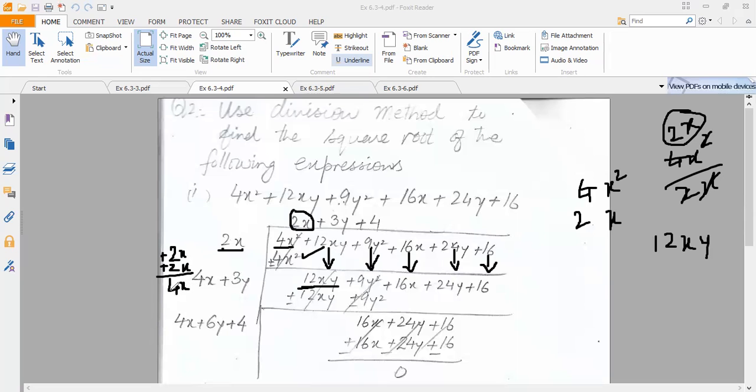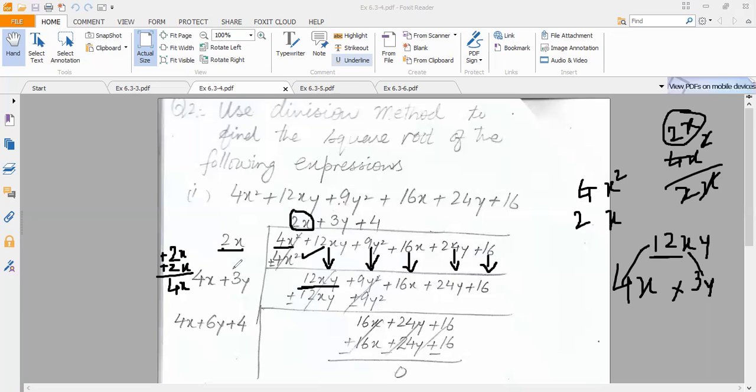Which number will we multiply with 4 to get 12? For solving the second expression, we will see which number is going to be multiplied by this 4x to give you 12. 4x multiplied by 3 gives you 12. But we need y as well. So if we take y with 3, it will give you the same answer as inside the brackets, as a divisor with the polynomial.